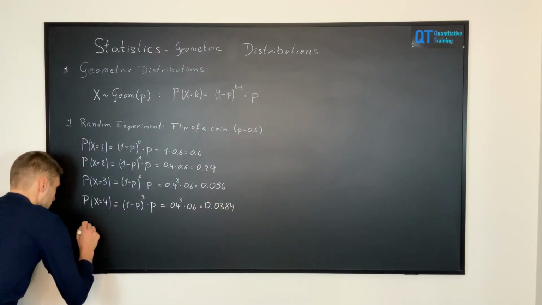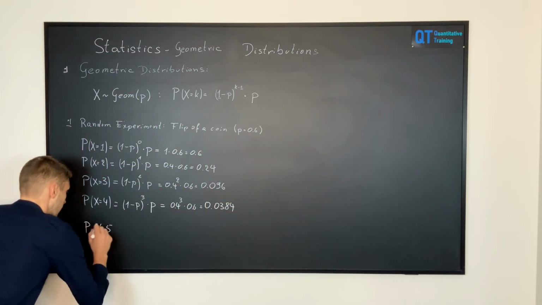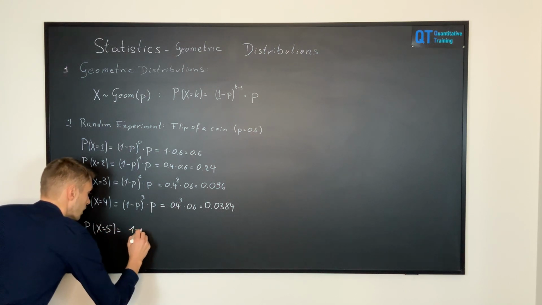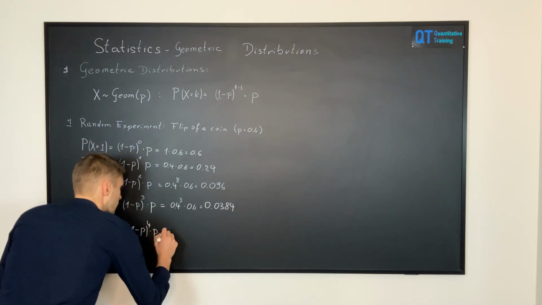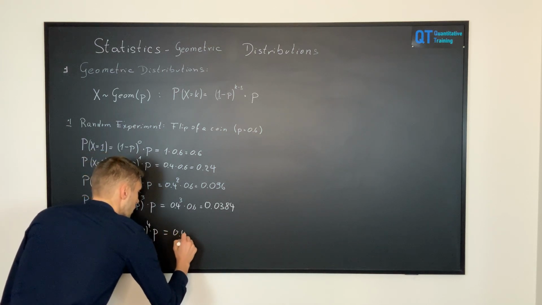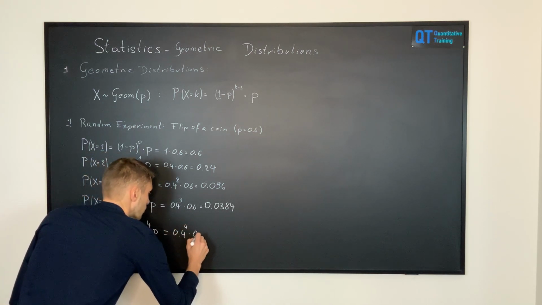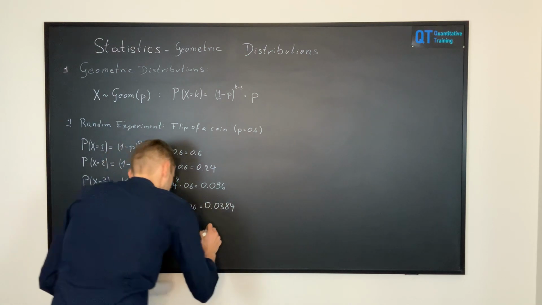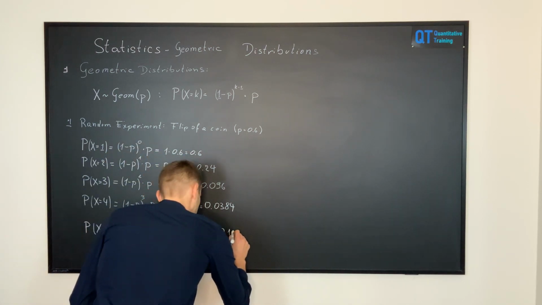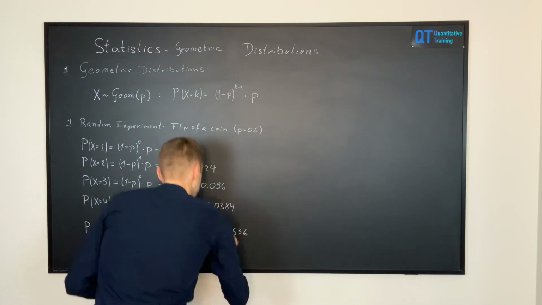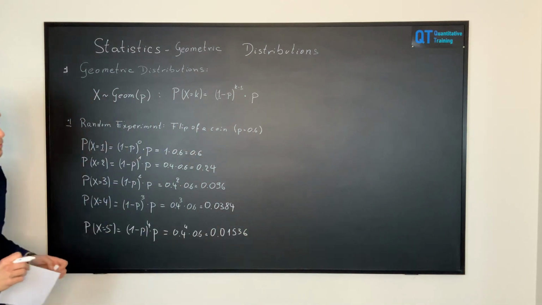And then let's look also at the example P of x equals 5, which is again 1 minus p to the power 4, k is 5 this time, times p, which is 0.4 to the power 4 times 0.6, and we obtain 0.01536.